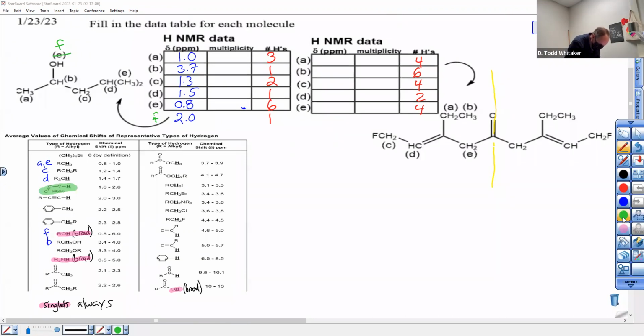That'd be A. Doesn't it fit the category of being on a C that's attached to an alkene? It's on a C that's attached to an alkene. That's what makes it allylic. Substantial jump for being allylic, isn't it? It goes higher than not being allylic. So give me something in that range, 1.6 to 2.6. 2 sounds pretty good.